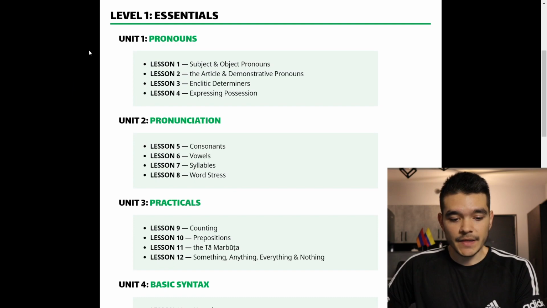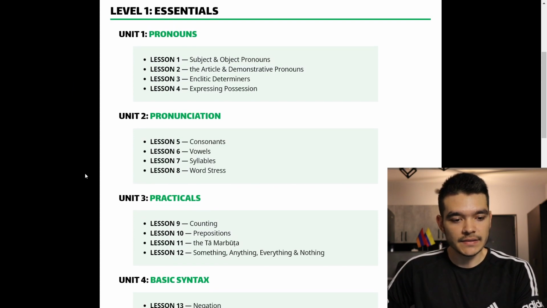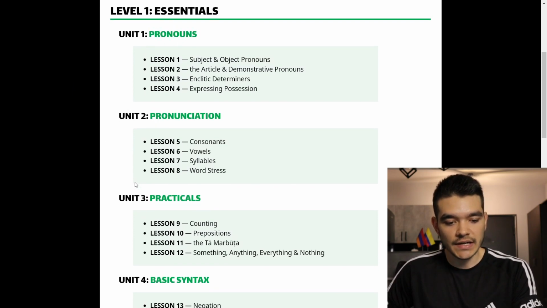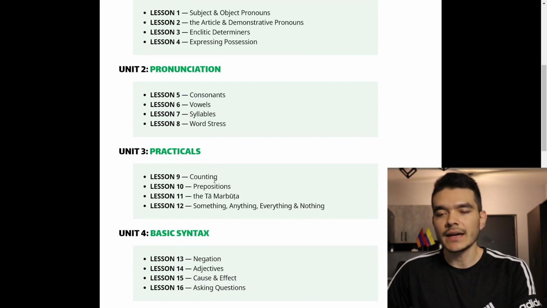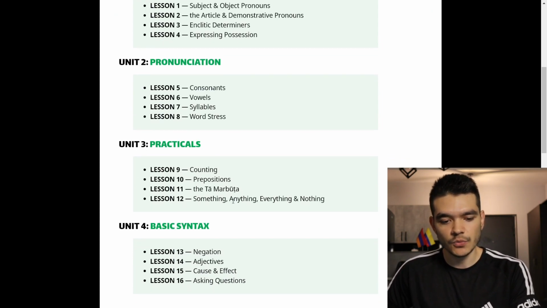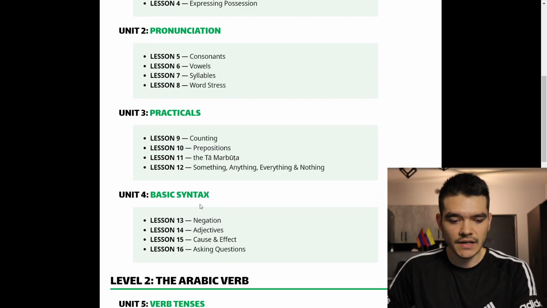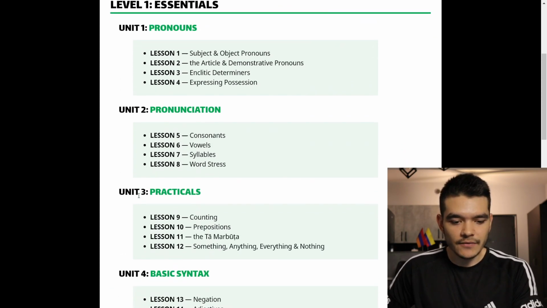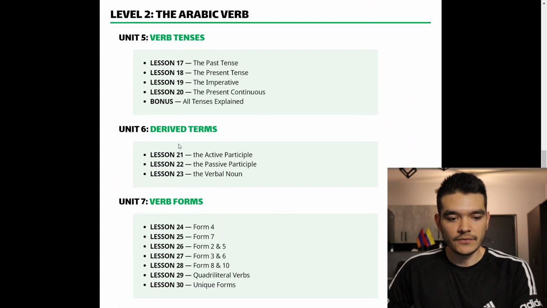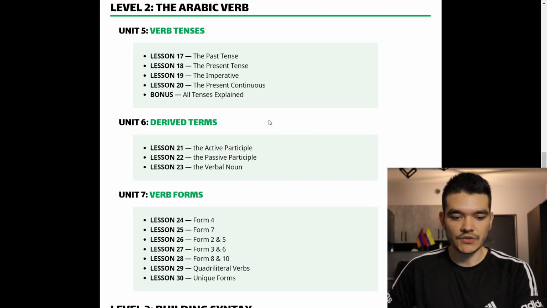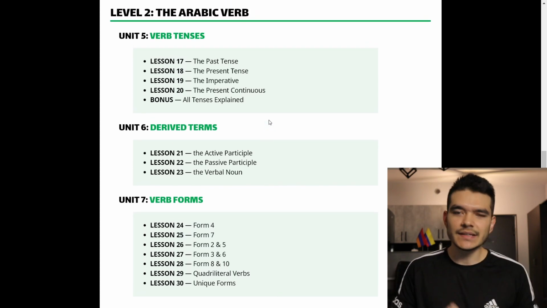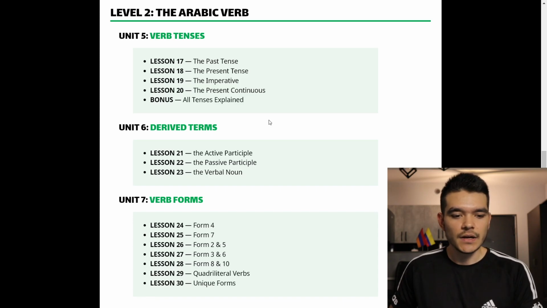But yeah, this is step 1, basically: pronouns, pronunciation, some practical things like counting, prepositions, the marbuta, and all of this stuff. So this is level 1. And then you have level 2, which is about the actual verb, the tenses and the forms and all this stuff.